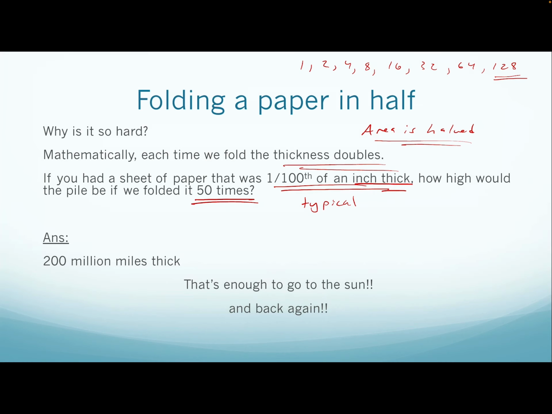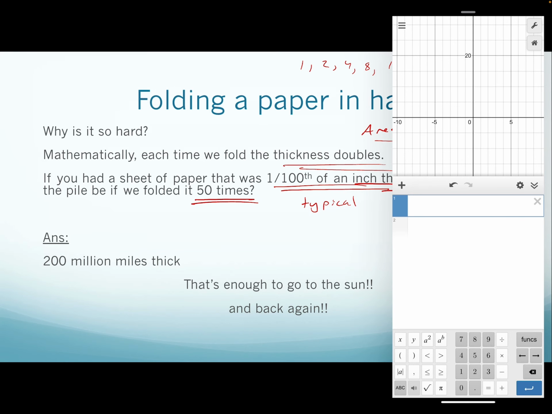Going back here, we can see the number 2 to the exponent 50 is a massive number. It has 16 digits. When you multiply that by 0.01 of an inch, convert inches to feet, and then convert the feet to miles, you get approximately this number right here.